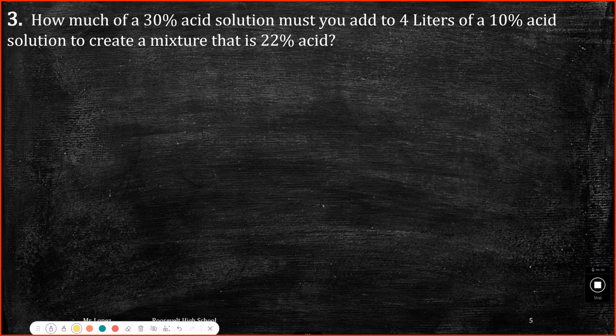How much of a 30% acid solution must you add to 4 liters of a 10% acid solution to create a mixture that is 22% acid?